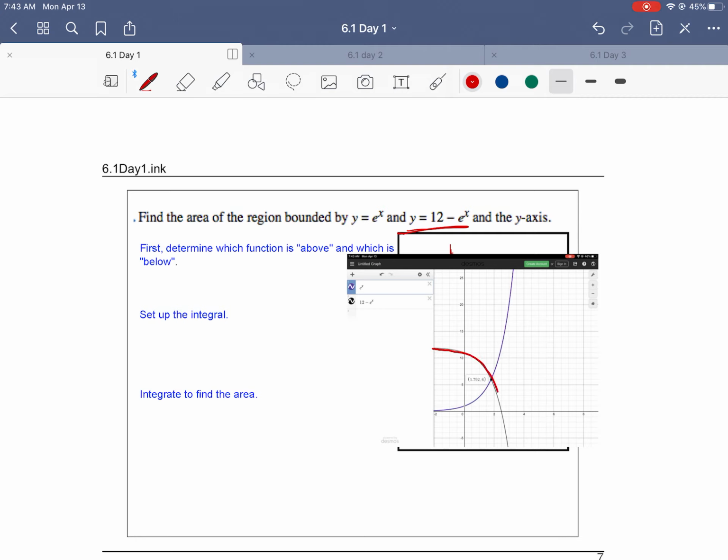Okay, so the black one, well, I'm covering it in red now, is 12 minus e to the x. And our other one is just e to the x.